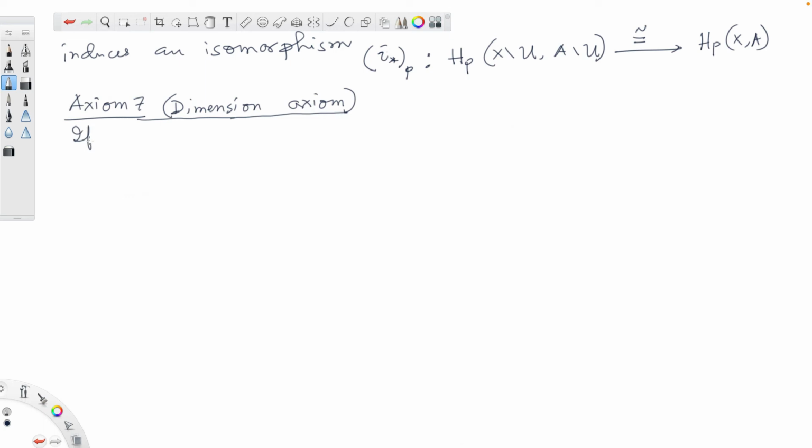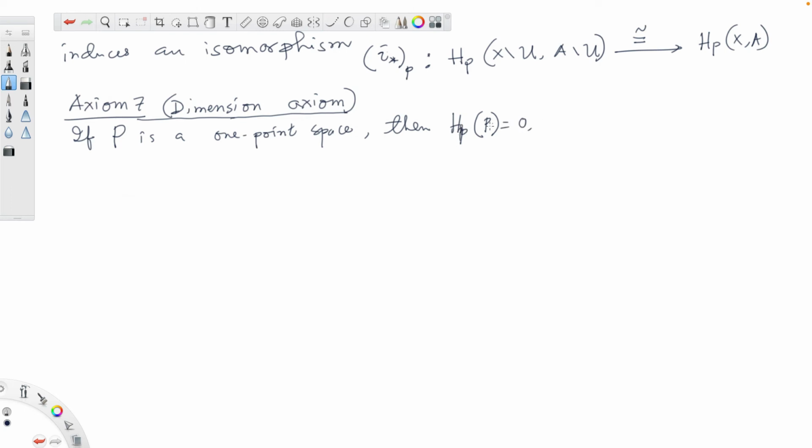If big P is a one-point space, then the pth homology group of big P is equal to 0 for all non-zero small p.